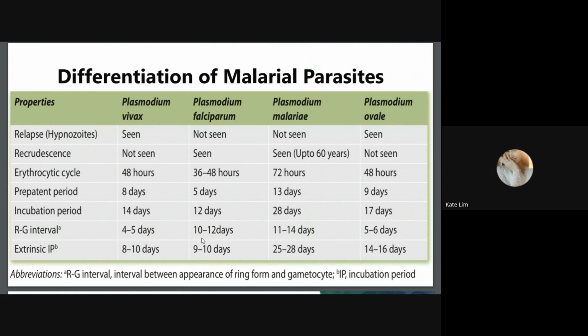In here, this is just a differentiation of malarial parasites. This is found in your essentials. These are just the summary, so just take note. Number one, presence of hypnozoites, which are commonly seen in your vivax and ovale, and relapse infection usually occurs in your vivax and ovale.